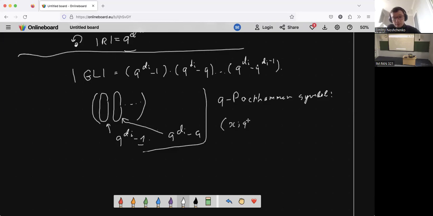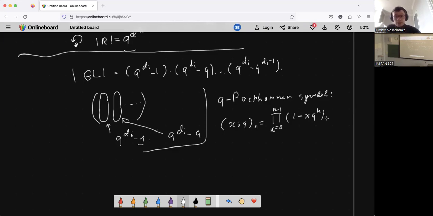So this guy is given by the formula. This is a function of x and q, two variables, indexed by n, and this is just the product from k equals 0 to n minus 1 of (1 minus x q to the power k). And so given that, we can now rewrite the size of GL.